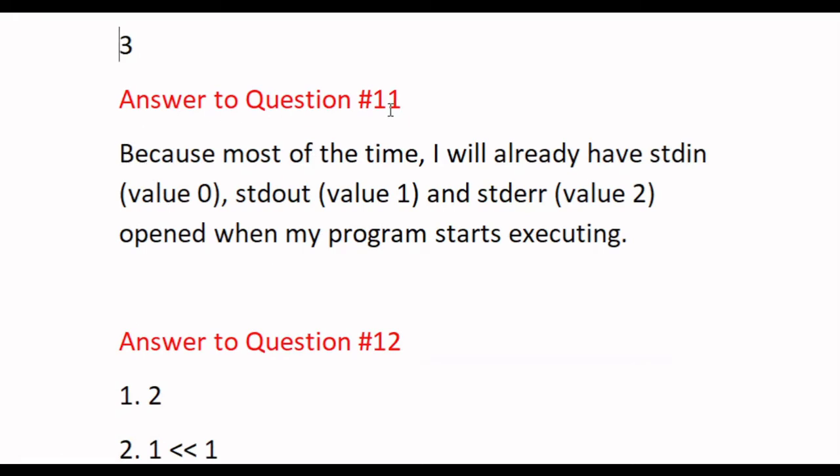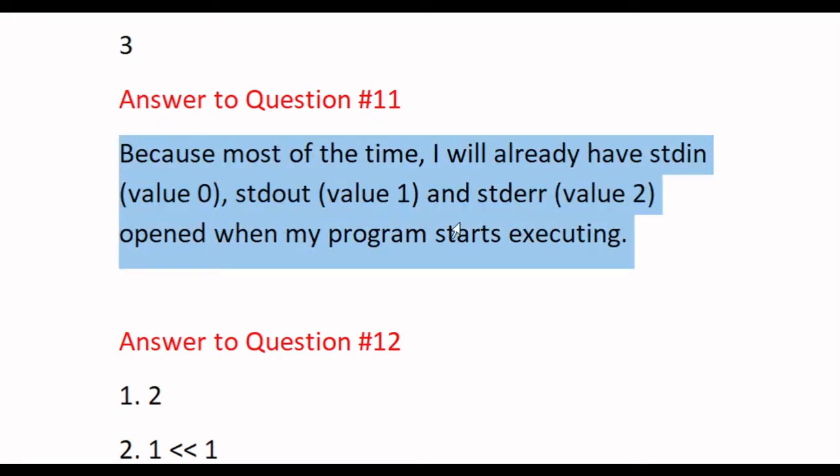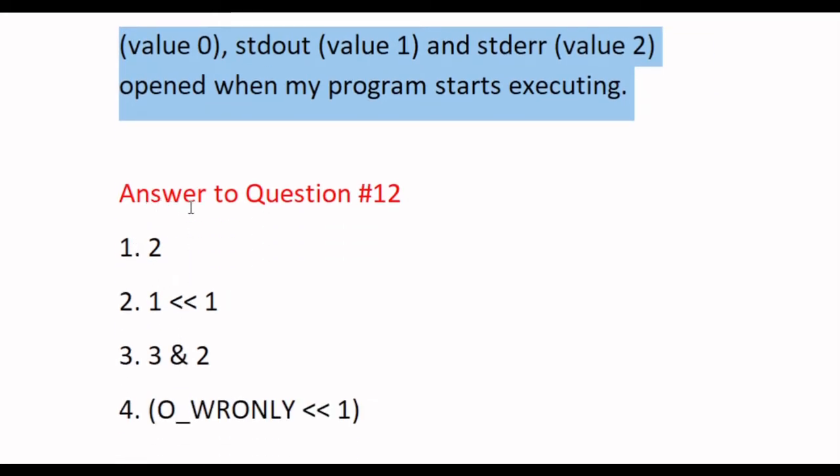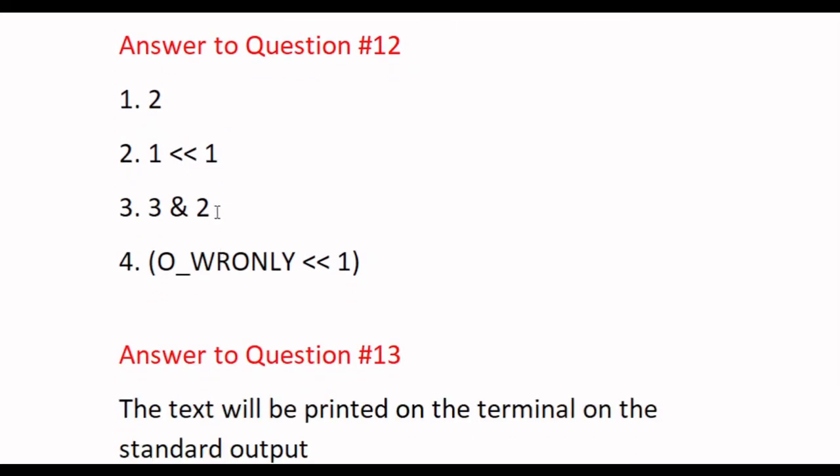Here's for question number 11. You can just see it from there. Then question number 12 has a number of options, that is 4 answers to the question, so just mark them.